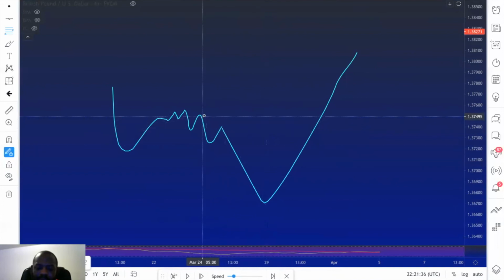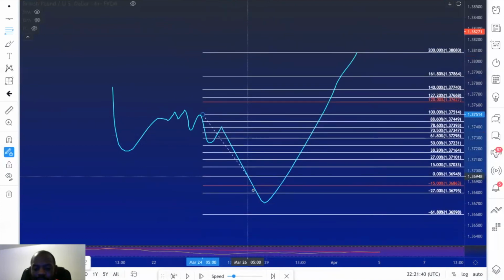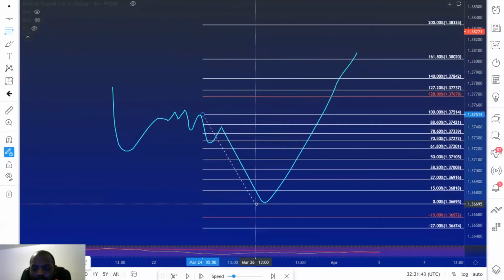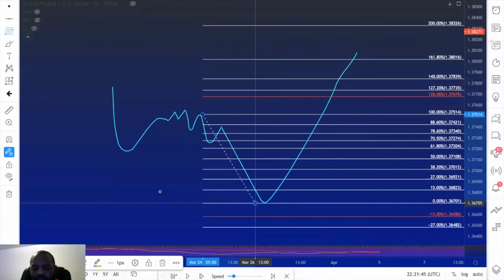And then that'll tell you how high it's expected to project. And that way you can monitor your take profit, right? That'll tell you how high it goes before it starts to try to reverse.